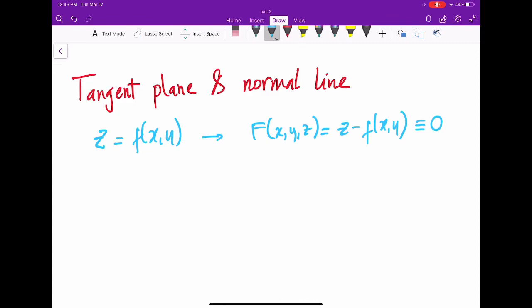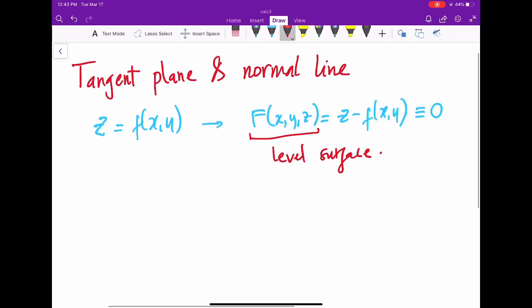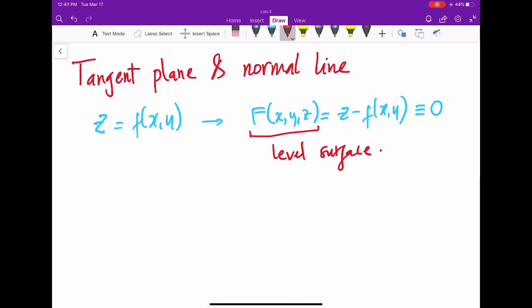So our surface Z equal to f of X and Y is just a very special case of the level surface of this, okay, of the level surface. And we know from previous sections that the gradient of the function capital F is perpendicular to the level surface at each point.